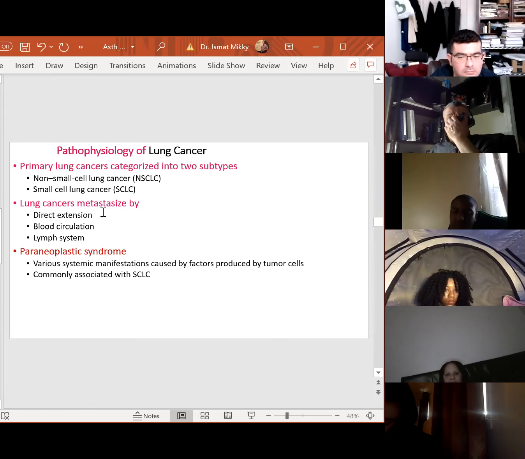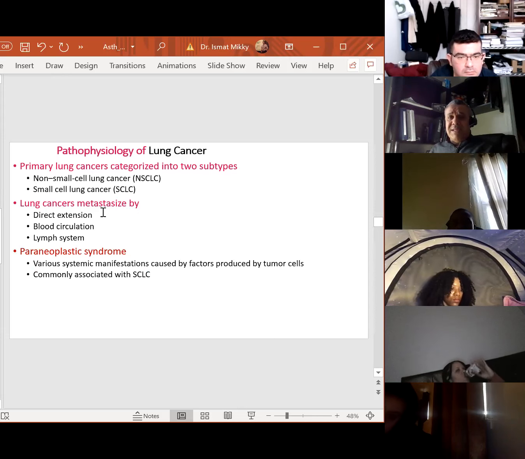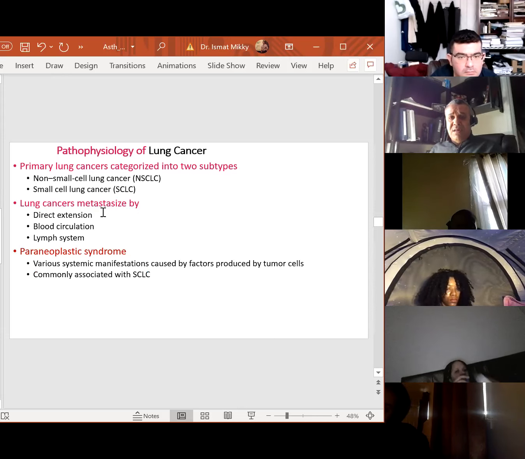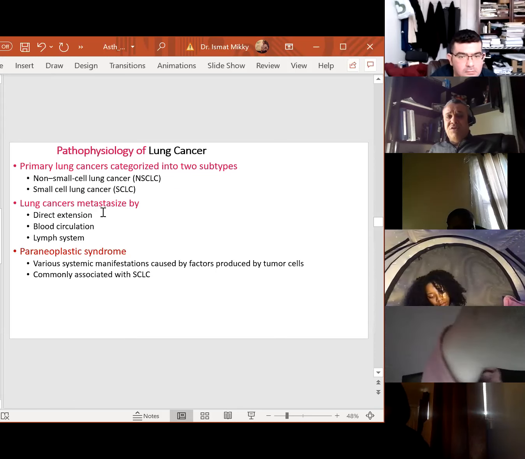So the common sites for metastatic growth, if the patient developed lung cancer as a primary cancer, is that it may metastasize to other adjacent or distant organs like liver, brain, bone, and adrenal glands.